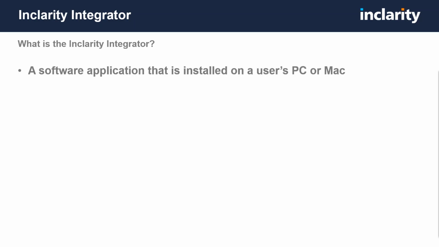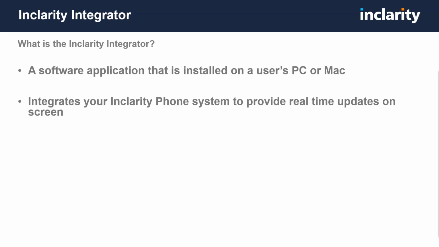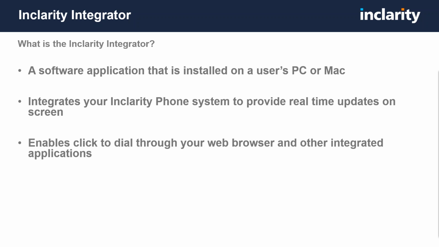The Inclarity Integrator is a software application that is installed on a user's PC or Mac, and it offers your users real-time updates on screen in regards to presence, phone directories, etc. It offers the ability for clipboard dialing, click to dial through certain web browsers, and depending on the integrated applications with the integrator itself, dialing directly from an application.